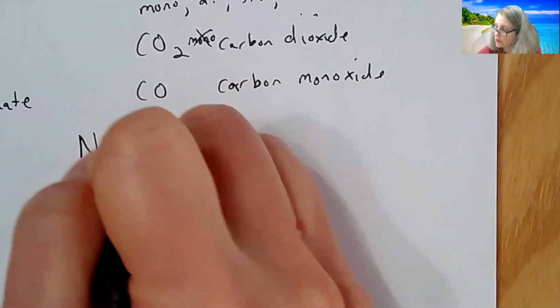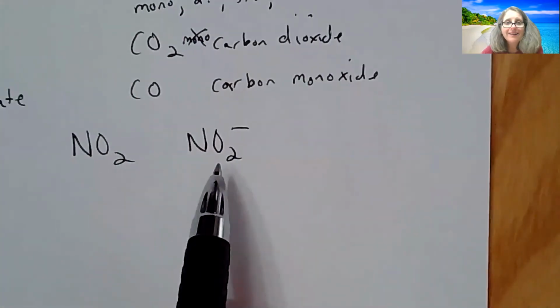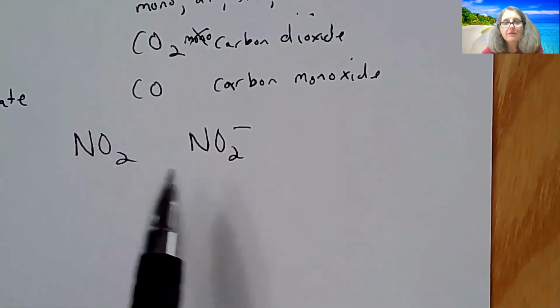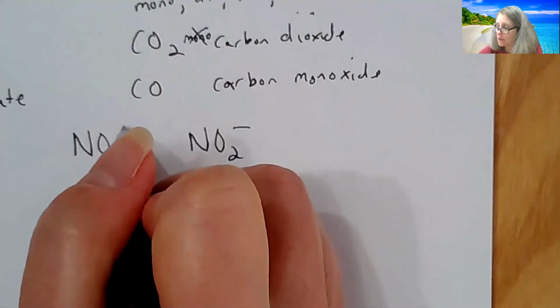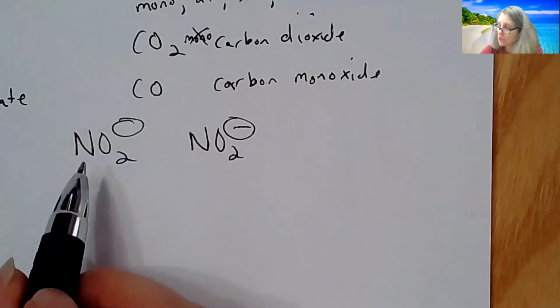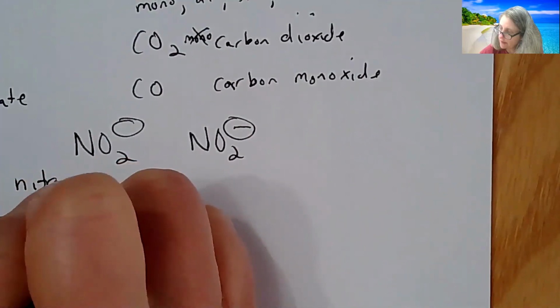Now, do be aware that there are some polyatomic ions that interfere or kind of mess you up a little bit with the molecular compounds. If you see no charge up here, it's a molecular compound. If you see a charge, then it's a polyatomic ion, and you have to remember what it is. So NO2 is going to be nitrogen dioxide, again, not mono.